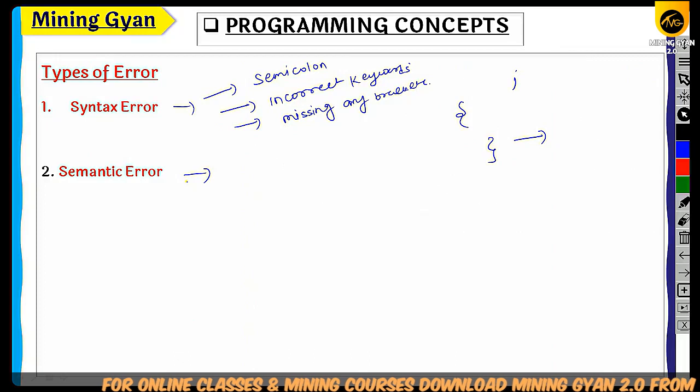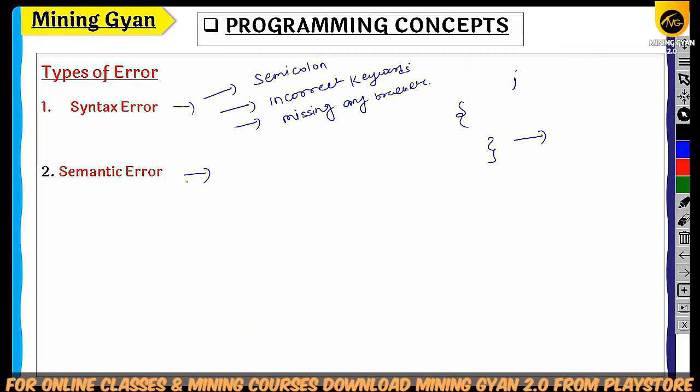So semantic errors are errors that occur when the code written by the programmer makes no sense. You can say that if there is any code used by the programmer which makes no sense, then the compiler shows the semantic error.